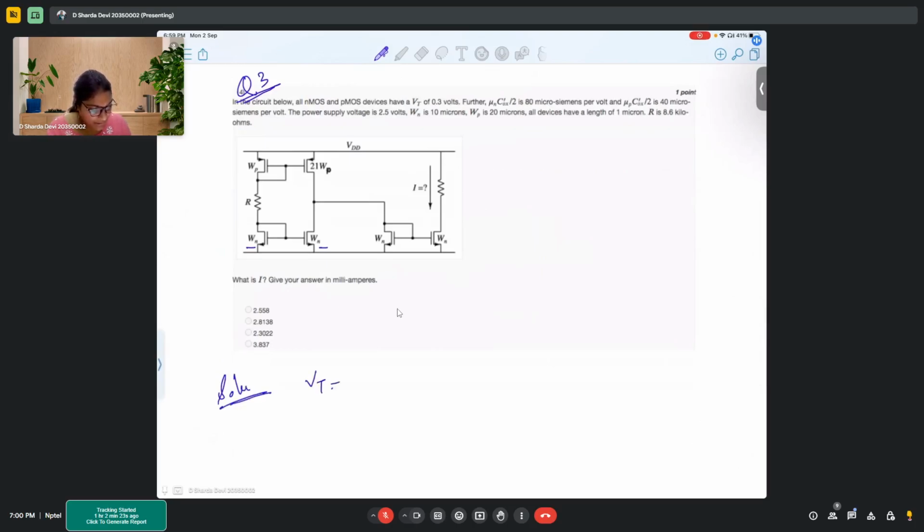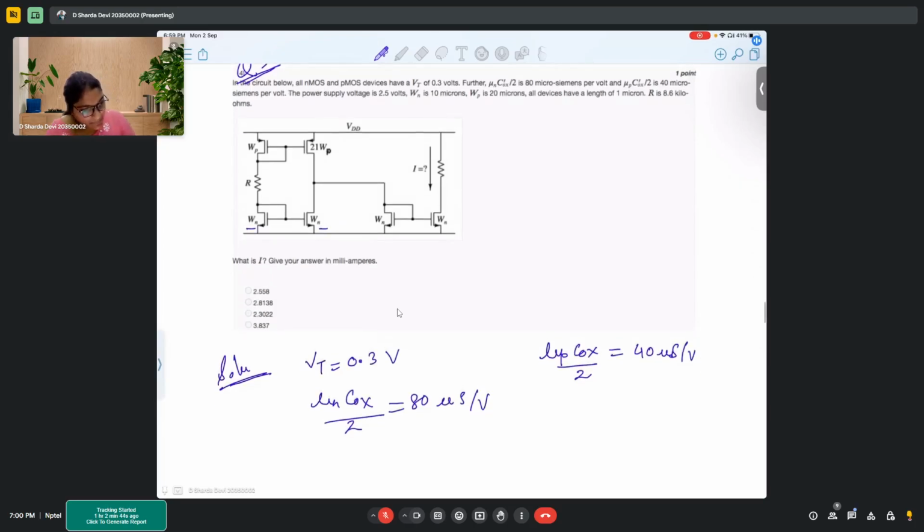So we have Vt as 0.3 volts and Cox by 2 as 80 microsiemens per volt. Maybe Cox by 2 is 40 microsiemens per volt. The power supply is 2.5 volts. Wn is given to be 10 microns.